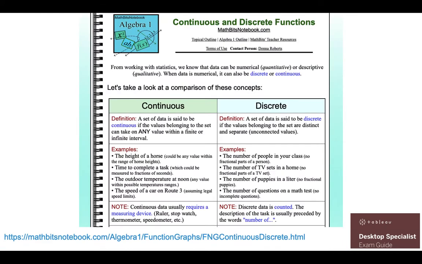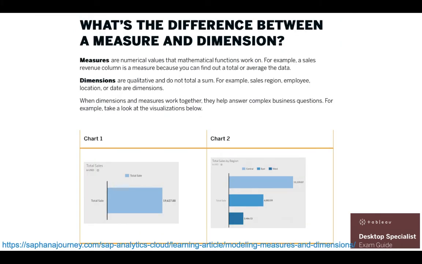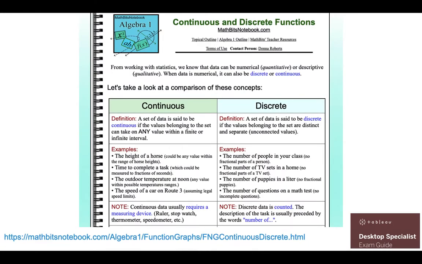Now, let's come to continuous and discrete functions. We talked about dimensions and measures, but now we can discuss continuous and discrete functions. Definition: a set of data is said to be continuous if the values belonging to this set can take any value within a finite or definite interval. For example, the height of a horse, or your height as well, could be any value within the range.